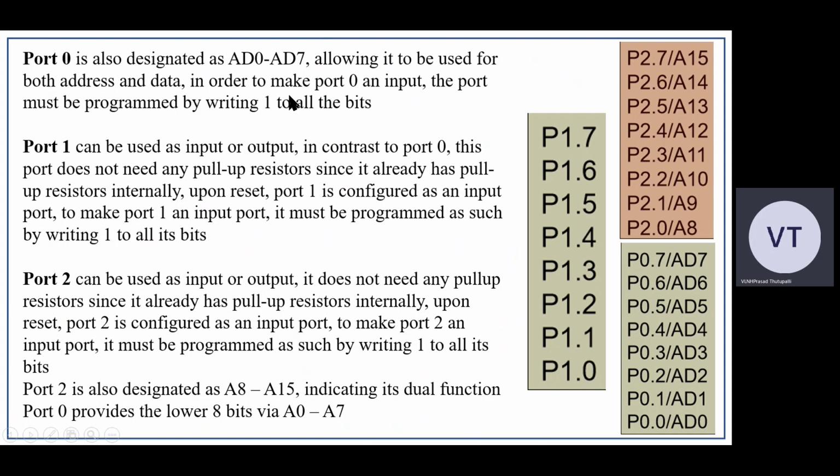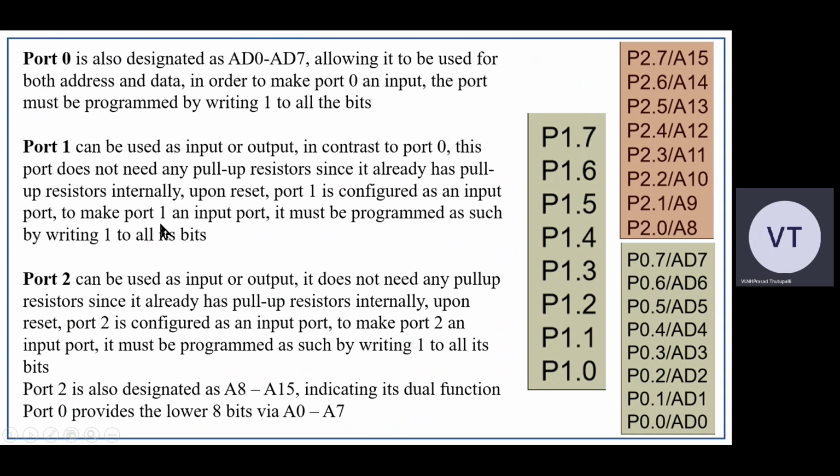In order to make port 0 an input port, the port must be programmed by writing 1 to all its bits. Okay, so similarly, port 1 can be used as input output ports in contrast to port 0. Just like port 0, you don't need to connect any pull-up resistor. Okay, pull-up resistors, right?